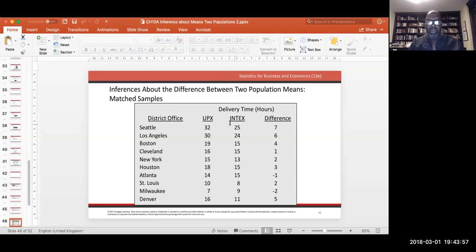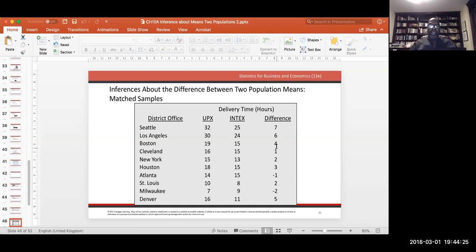So that would be like your pair of shoes that belongs to this person. Los Angeles, 30 and 24. Boston, 19 and 15. So now that we have these two samples given to us by the same places, we take the difference between them. And if the average of those differences is not zero, that means the difference between the population means is likely not zero as well.